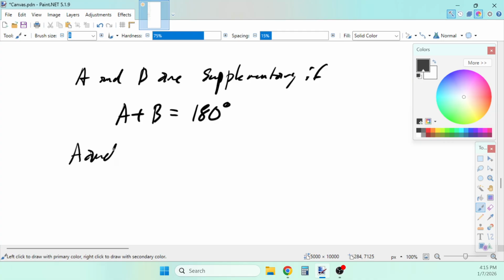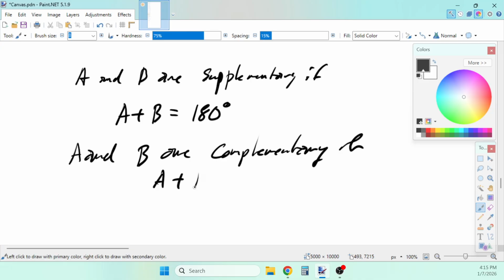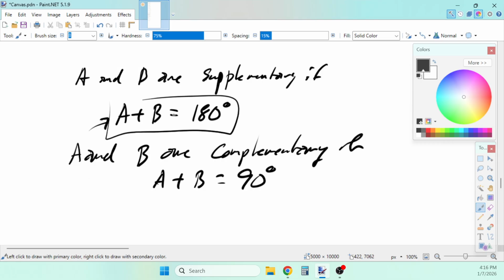A and B are complementary if A plus B equals 90 degrees. So you're just going to plug in the value that you know into this equation and solve for the variable that you don't know. And complementary one is going to be the same.